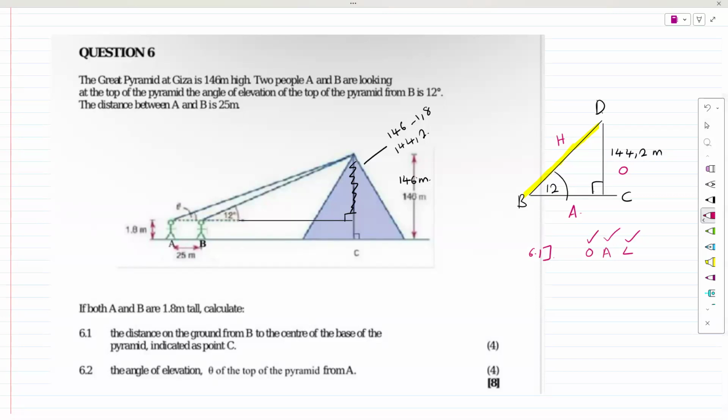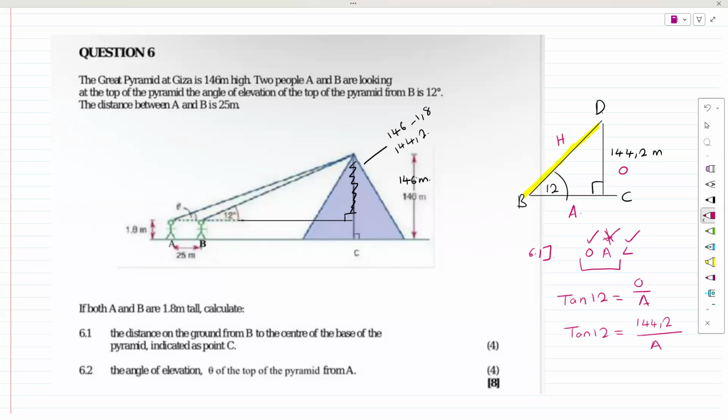In terms of SOHCAHTOA, it's tan: tan of 12 equals opposite over adjacent, so tan of 12 equals 144.2 over the adjacent. Again, they want the distance on the ground from B to the center.